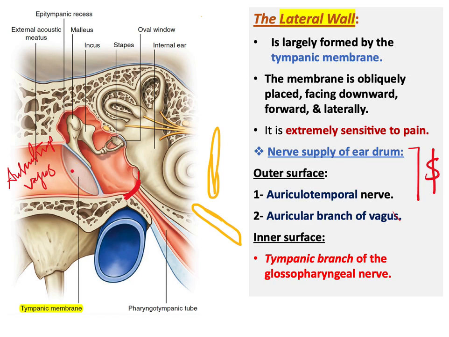So the outer surface of the tympanic membrane is innervated by the same nerves, auriculotemporal and vagus, while the inner surface is innervated by cranial nerve number 9, the glossopharyngeal nerve. There's a tympanic branch for the tympanic membrane, of course. So it's important.